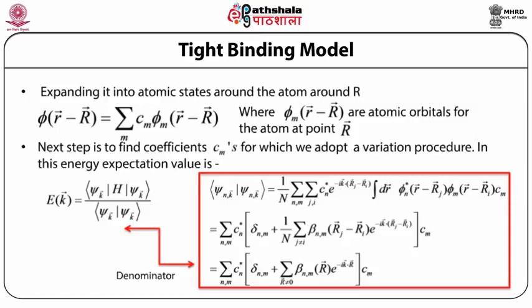So as you can see, the expectation of these two wave functions is quite straightforward, and eventually what we get is a summation over n and m, C_n star, within the bracket, δ_nm plus summation over the vector R, where R is not equal to 0, β_nm e raised to power minus i k dot R, whole multiplied by C_m.